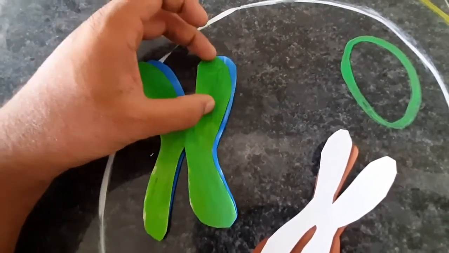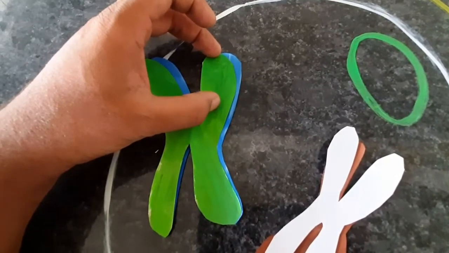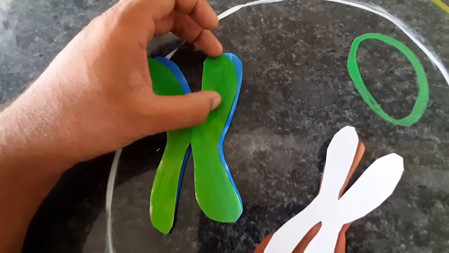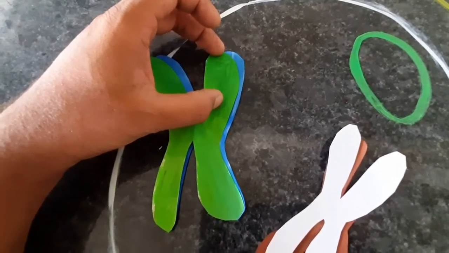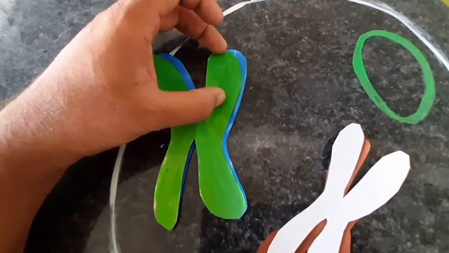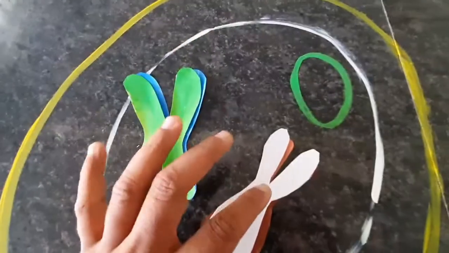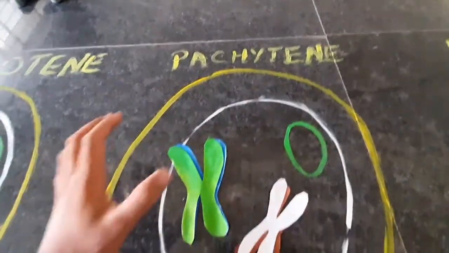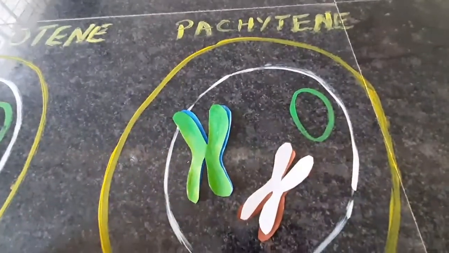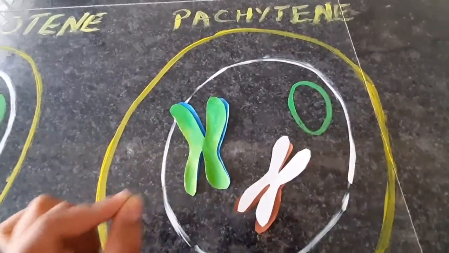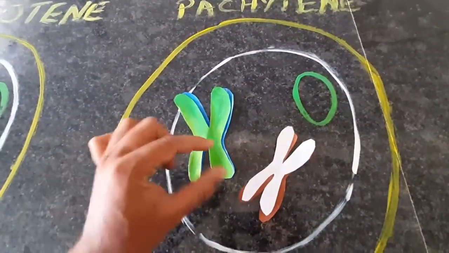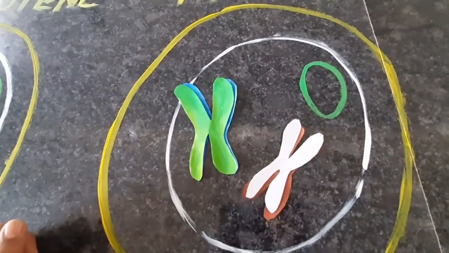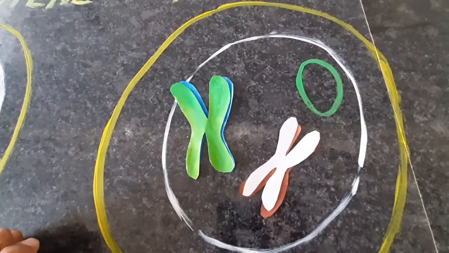That is, sharing of genetic information or a piece of chromatid takes place between two non-sister chromatids of the homologous chromosomes. The same is applicable to this also. So that takes place in pachytene, and the entire process is called crossing over because of an enzyme called recombinase, and the sharing of genetic material is called recombination. Got it? Okay.